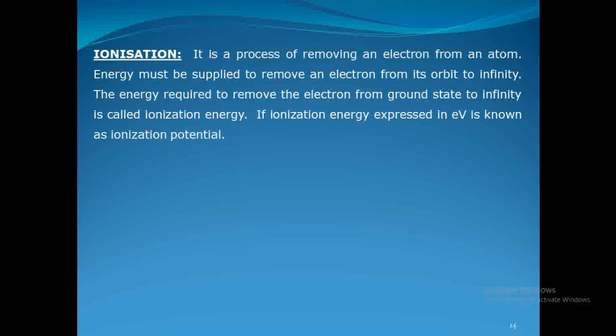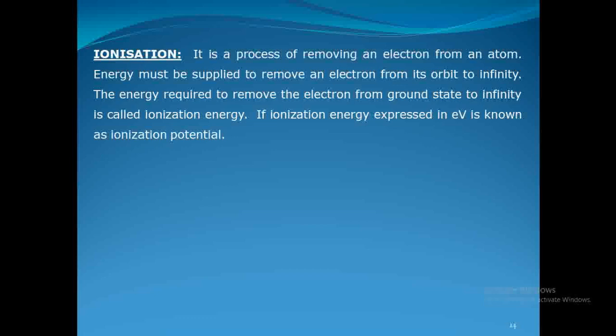So completely we are taking the electron out of the atom. This process is called ionization, and the energy required to remove the electron from the ground state to infinity, or completely from the atom, is called ionization energy. If ionization energy is expressed in electron volt, then it is called ionization potential.